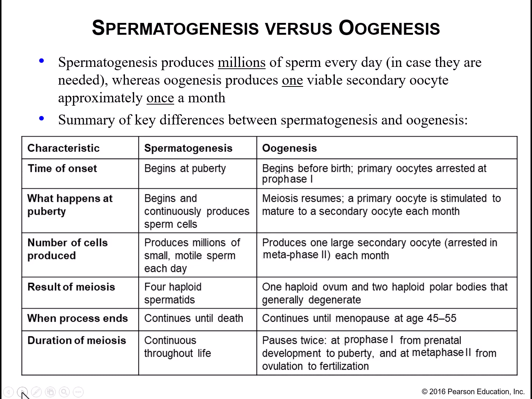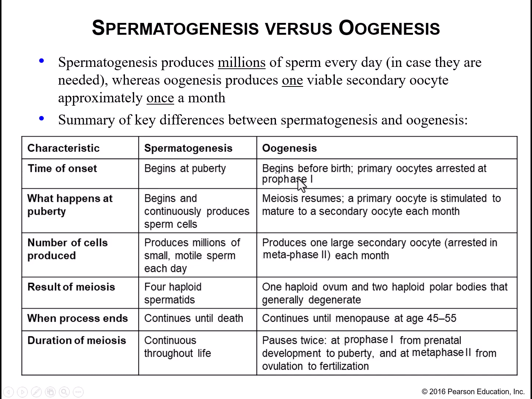So how do spermatogenesis and oogenesis compare? Spermatogenesis can produce millions of sperm every day, whereas oogenesis just produces one viable secondary oocyte approximately once every month. That's one of the big key differences. Now, time of onset. For spermatogenesis, none of it begins before puberty.